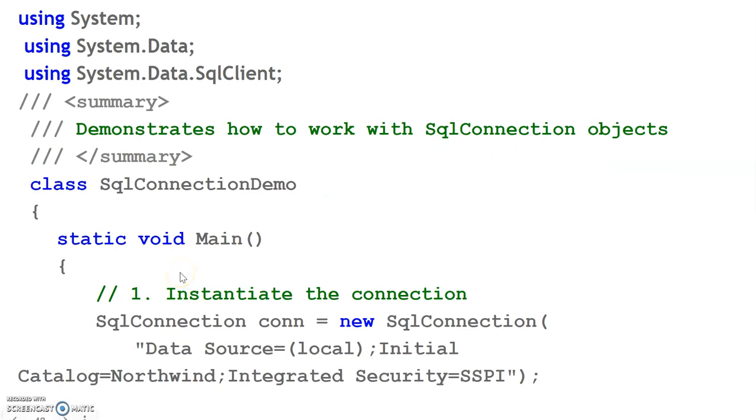This is the second example, using System.Data.SqlClient, which is an important one. Here, SQL connection con is equal to new SQL connection. Now here you can see data source is equal to local, initial catalog Northwind, integrated security SSPI. That is the same example we just saw.